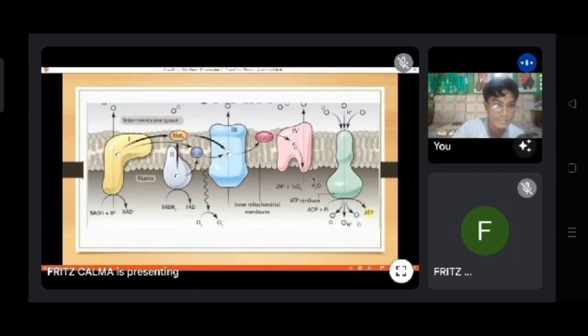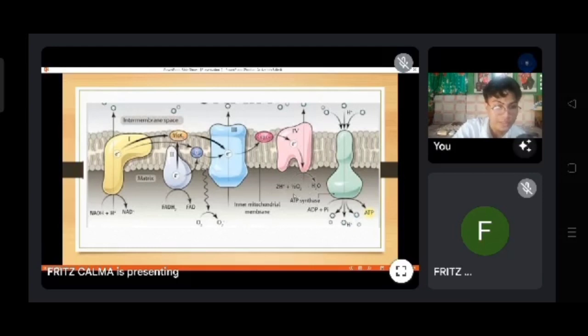water molecules. So, yung electrons po ni complex 4, ipapalabas nyo po, forming H2O water and 2 hydrogen plus, 1/2 O2, forming water molecules.